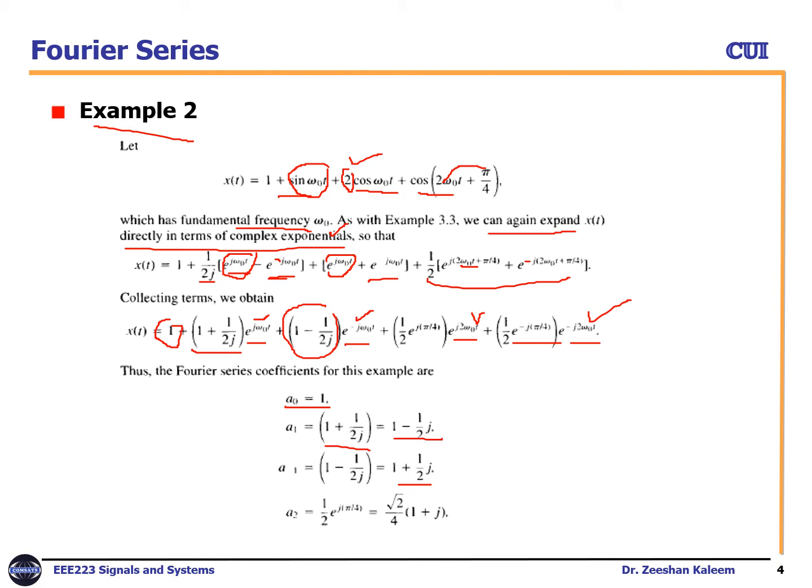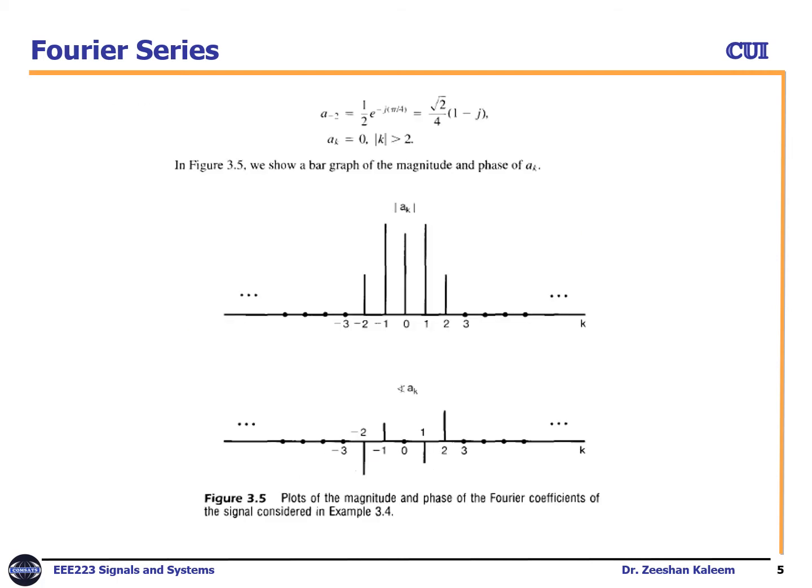And a2 here is this term 1 over 2 e^{j pi by 4}, and if we solve this equation, we can get root 2 by 4 times 1 plus j. And for the negative side, a minus 2, 1 by 2 e^{-j pi by 4}, we can get root 2 by 4 times 1 minus j.